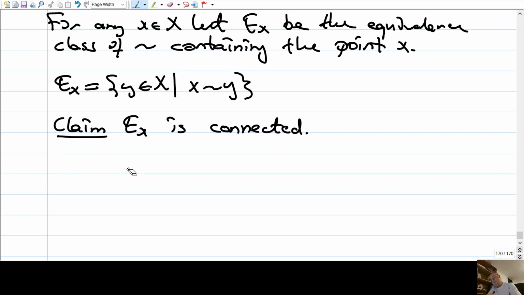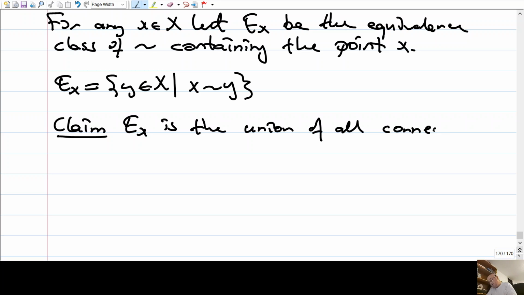Maybe I should write this: E_x is the union of all connected subsets of X containing x.